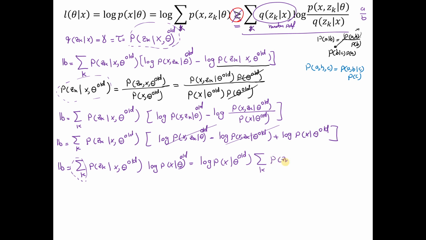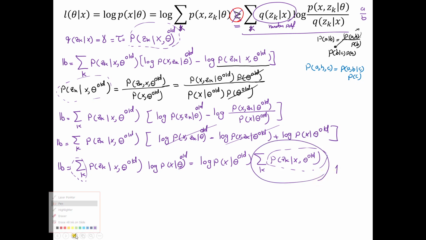Given x, theta. Okay, so what is this one? This one is r. What did I call it? Responsibility. What is the summation of each row of a responsibility? PDF. What is the area under the curve of a responsibility? 1. So this term becomes 1 for us. So what's going to be our lower bound then? P of x given theta old.